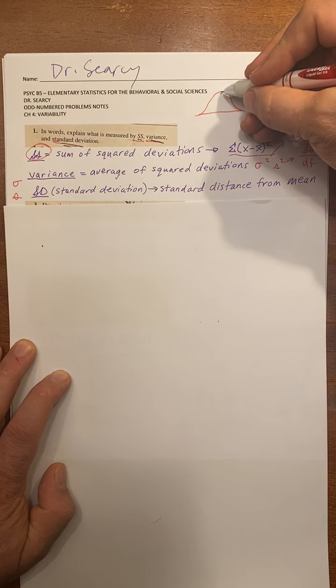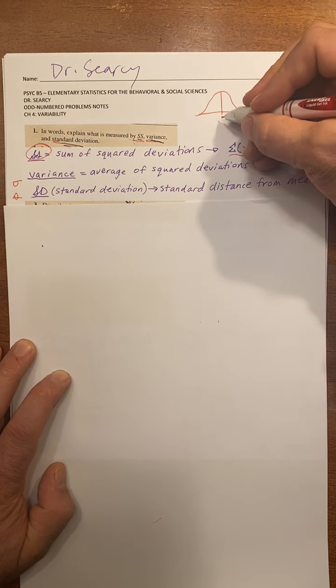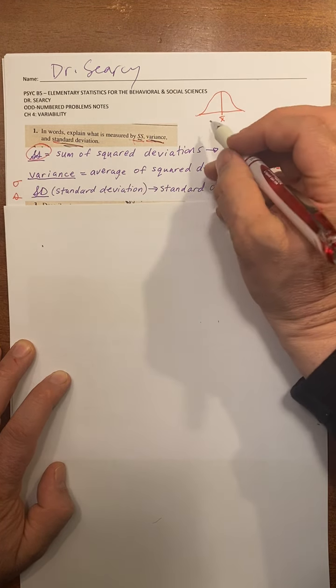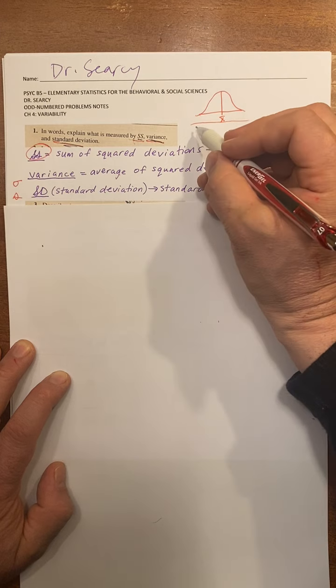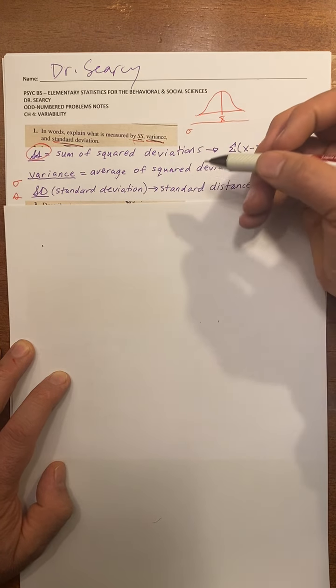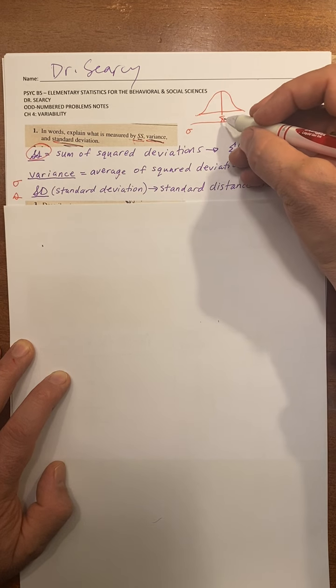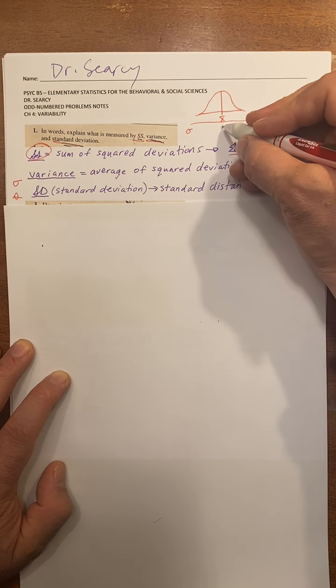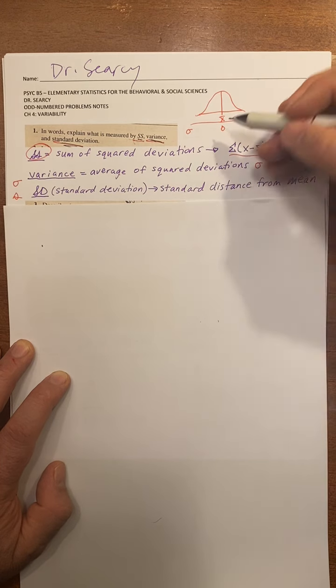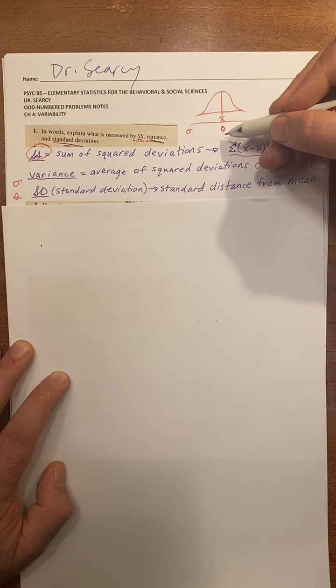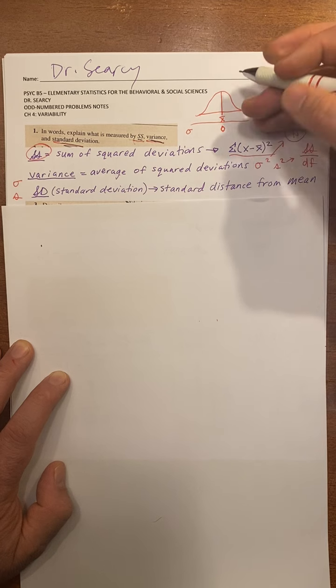Remember one thing that I was saying, that in the middle of the curve is going to be your average score. And then below that, we're often going to write our standard deviation units. Just remember that right under the mean, the standard deviation value is 0, right? And the reason why it's 0 is because at that point, we are 0 points or 0 distance away from the mean.